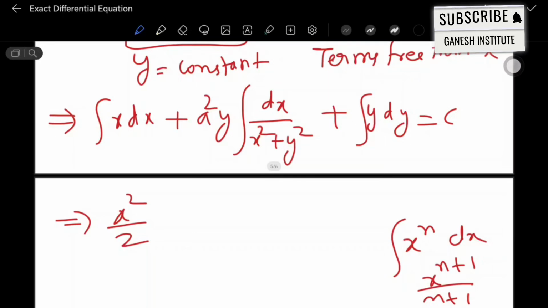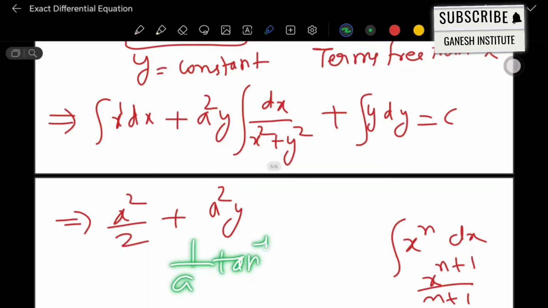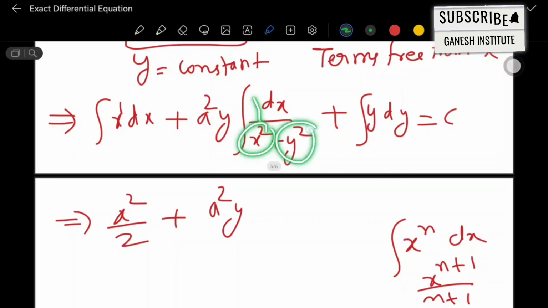So x raised to power 1 plus 1, 2, by 2. A square y as it is. Now this you can see is of the form 1 by a tan inverse x by a, because we are considering y as constant. Consider it as 1 upon (x square plus a square), consider y as a.